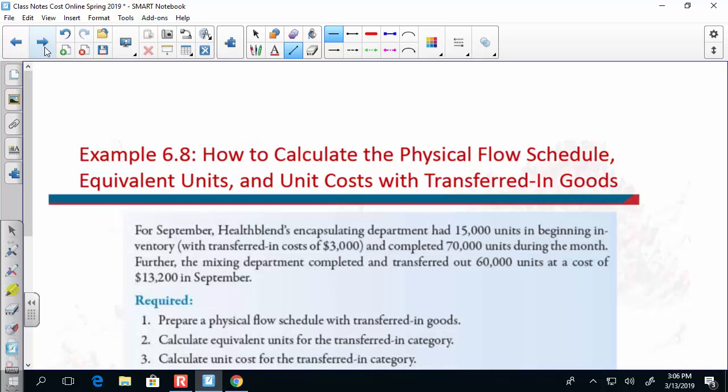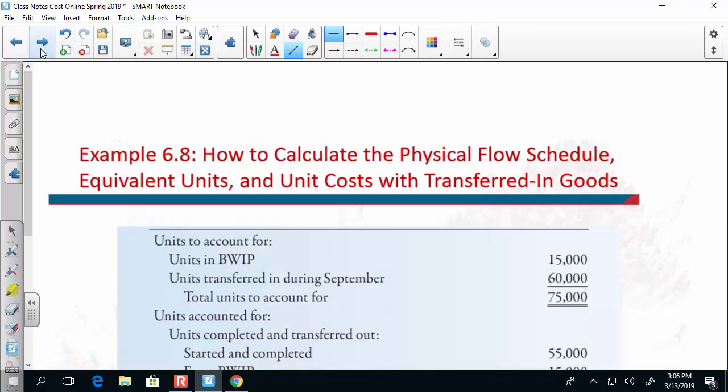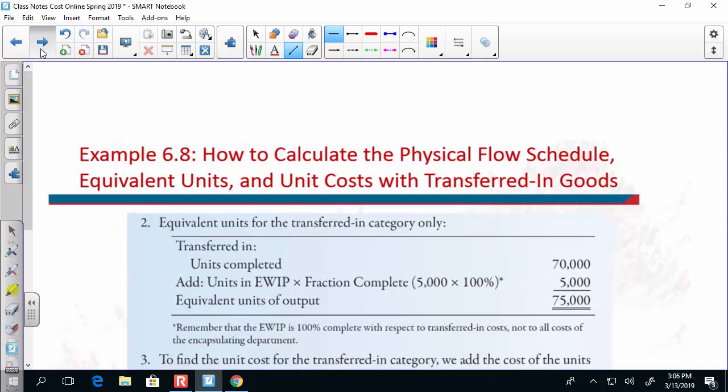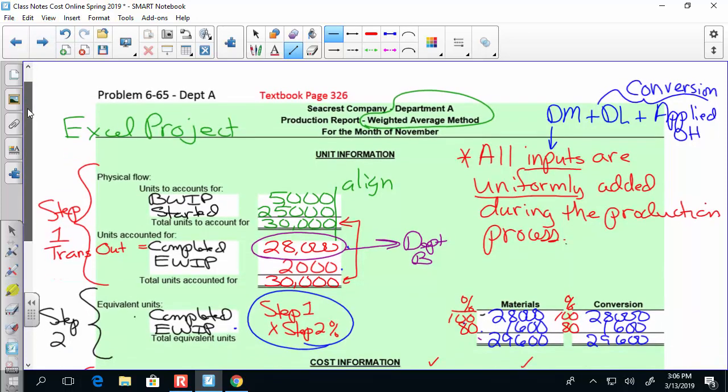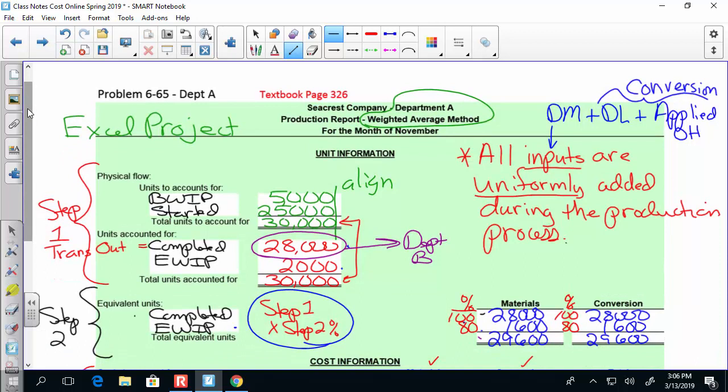Example 8 is the transferred in example, so take a look at that. So I just listed that here. 65 and 66 is the example of a weighted average transferred in. Whether in Department A, it's uniform inputs. In Department B, it's not uniform.